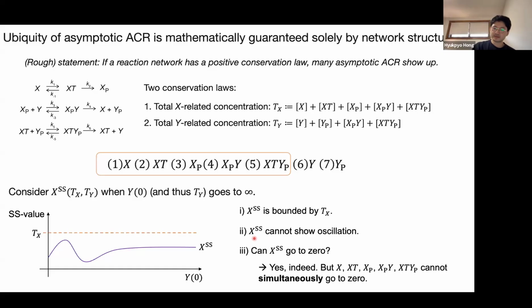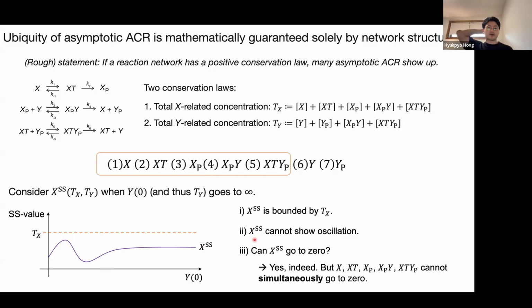The second one is a little intuitive but non-trivial. This is something that we actually have to prove. The steady state level of X, this purple curve, cannot oscillate infinitely many times.